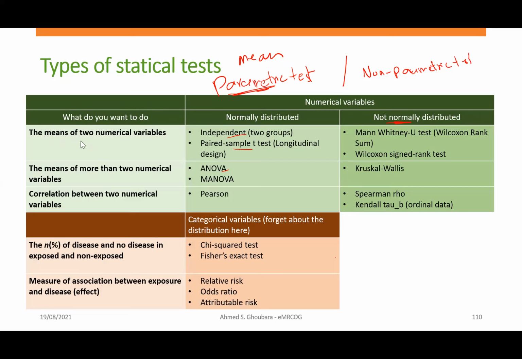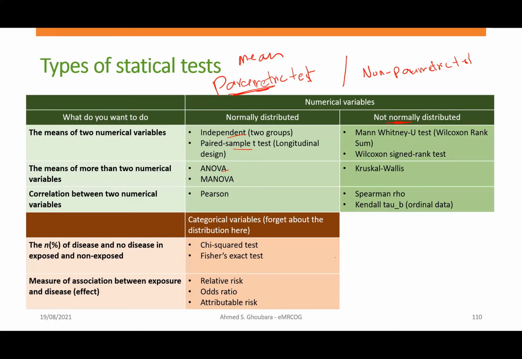I want to compare the means of two numerical variables, like the scores of females in the college and males in the college. So we get 100 female students and 100 male students. We get the final score for each one. Then we get the mean here, and we get the mean there, for each group, then compare them together.